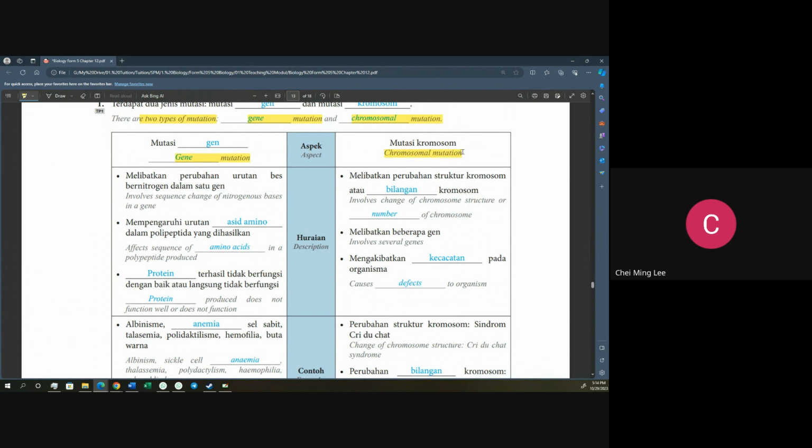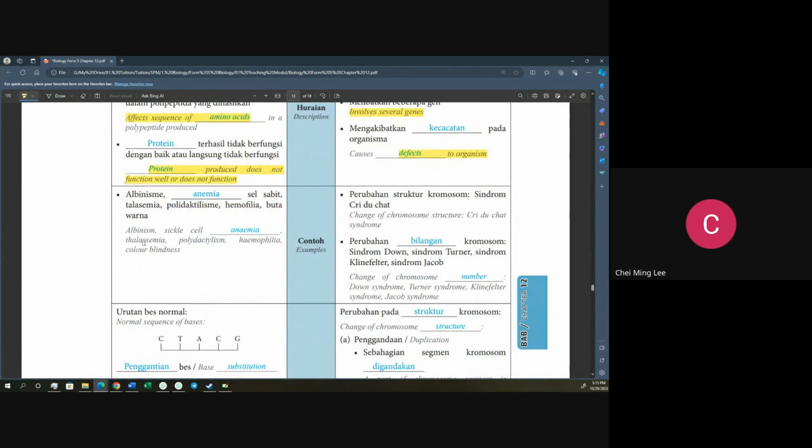In terms of the description, gene mutation involves a sequence change of nitrogenous base in the gene, which affects the sequence of amino acids, and the protein produced does not function well or does not function at all. While chromosomal mutation involves a change of chromosomal structure or number of chromosomes, normally involving several genes and causing defects to the organism.